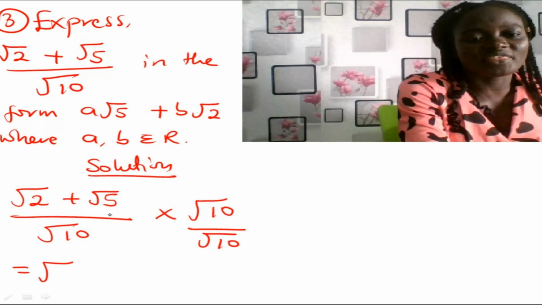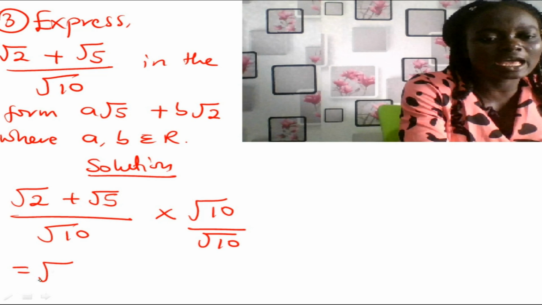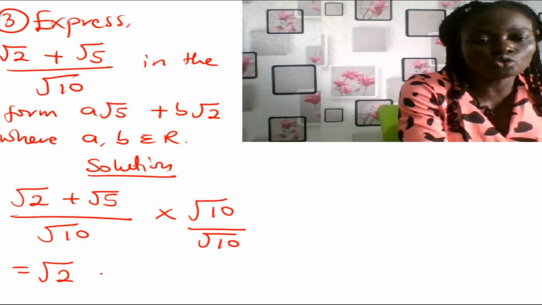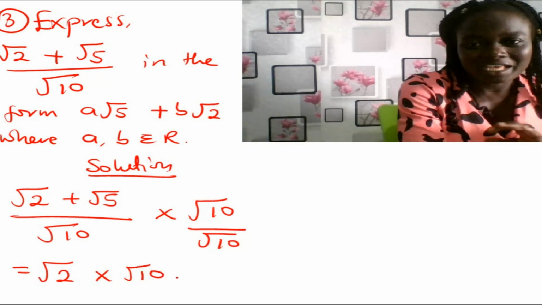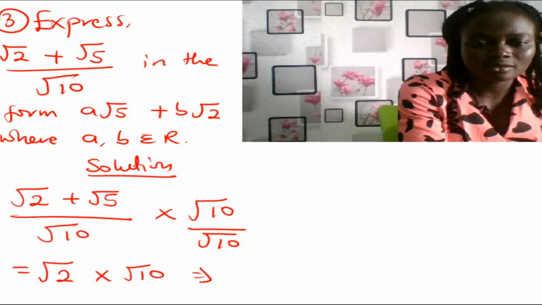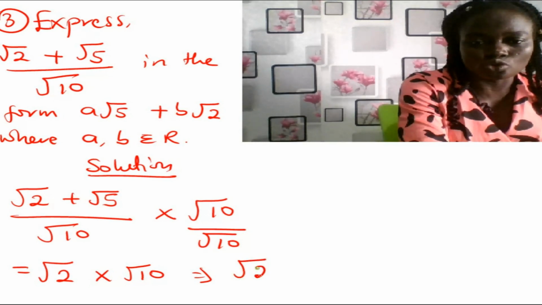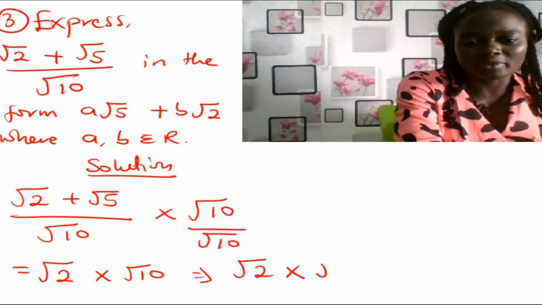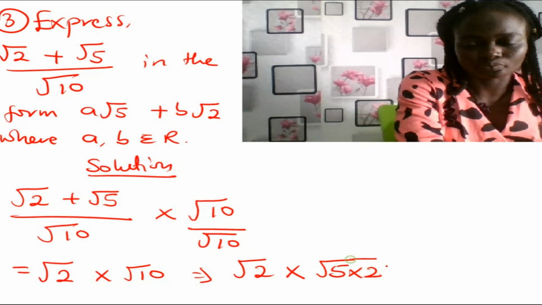So with this, it becomes root 2 times root 10. Let's simplify this first. So this becomes root 2 times, breaking the root 10 down, becomes root 5 times 2.